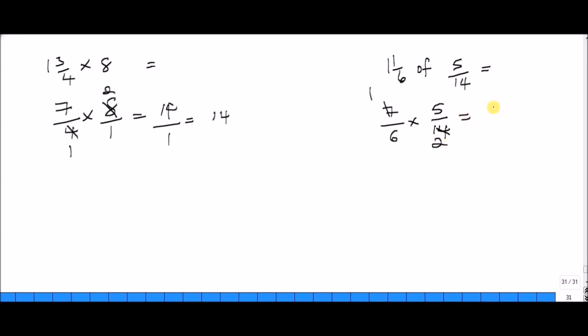Multiplying across, we have 5 ones 5, and 6 twos being 12. Answer being 5/12.